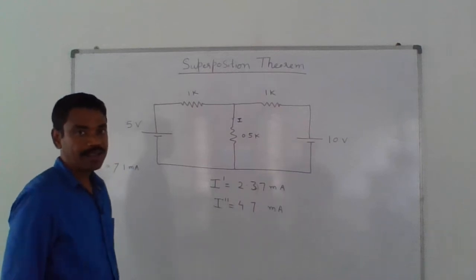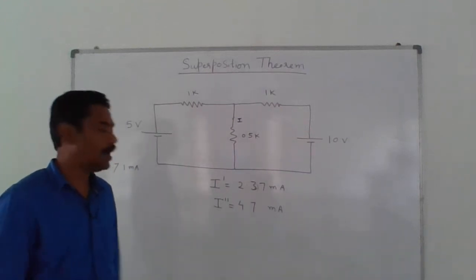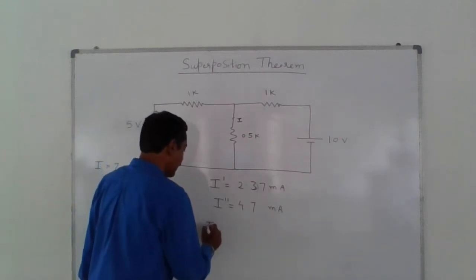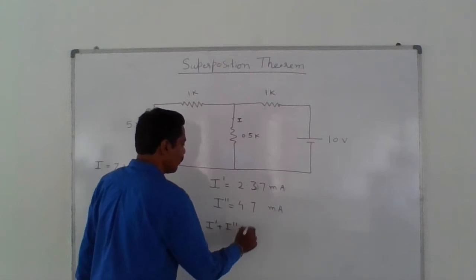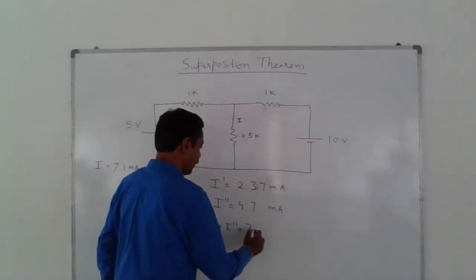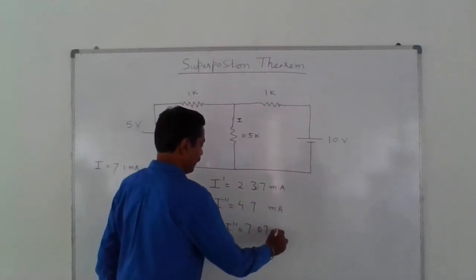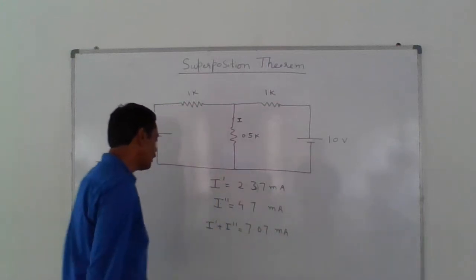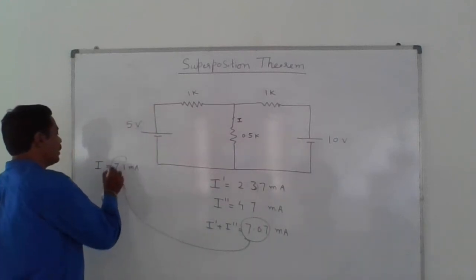And what we have already studied in the theory: the total response is the algebraic sum of individual responses. I is I dash plus I double dash. How much does that come to? 7.07 milliamp.